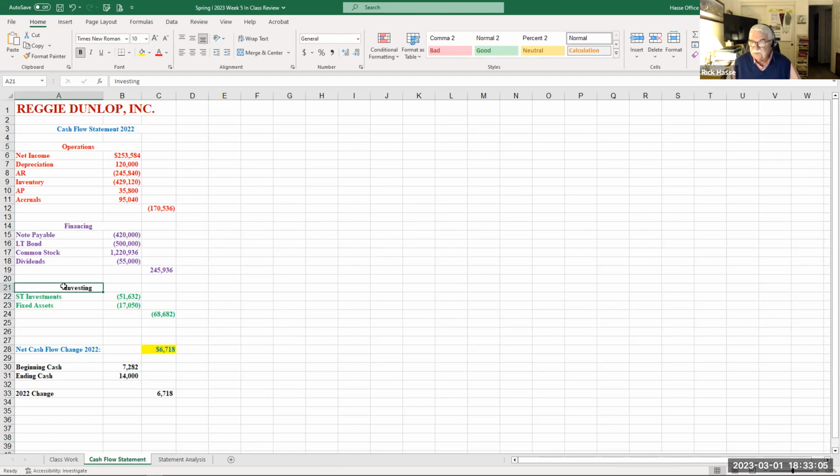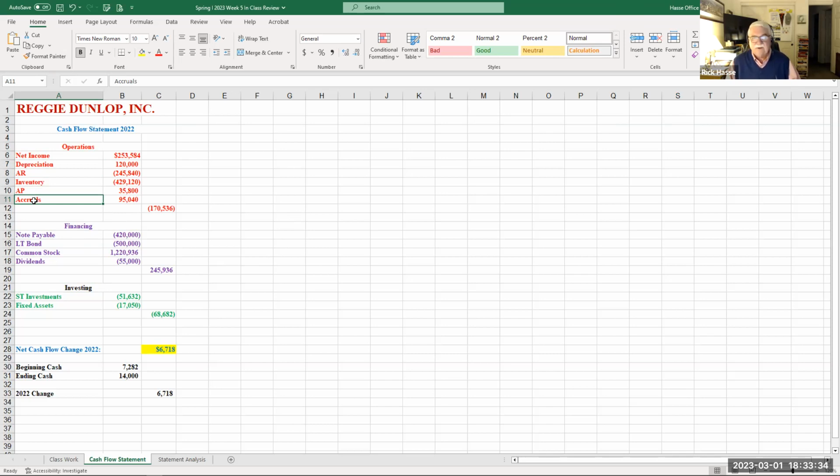All of those are the three areas of money coming in, sources, money going out, uses of cash. Operations is made up of income statement accounts, net income, depreciation, and current asset and current liability accounts, accounts receivable and inventory, accounts payable, and accruals, short-term operating capital.